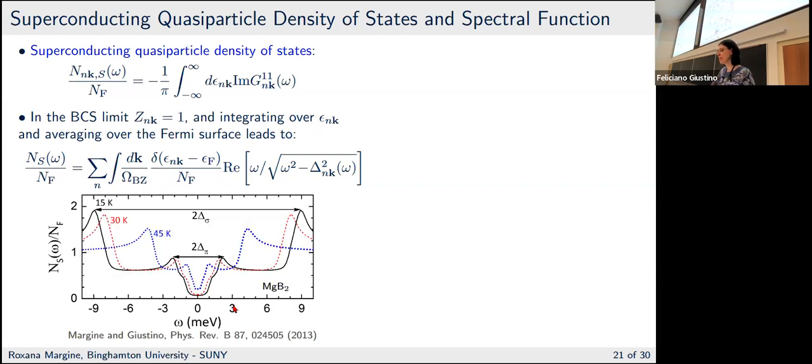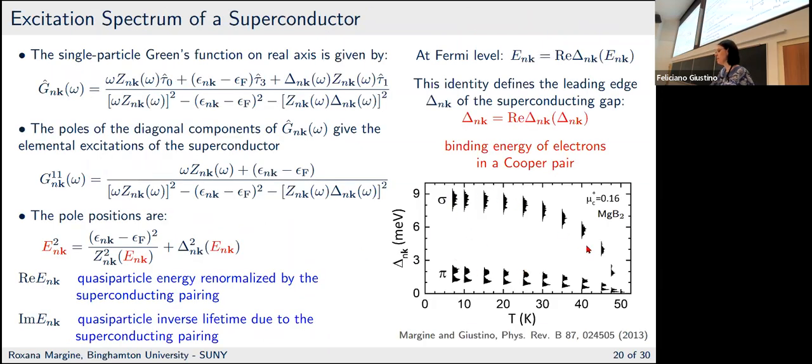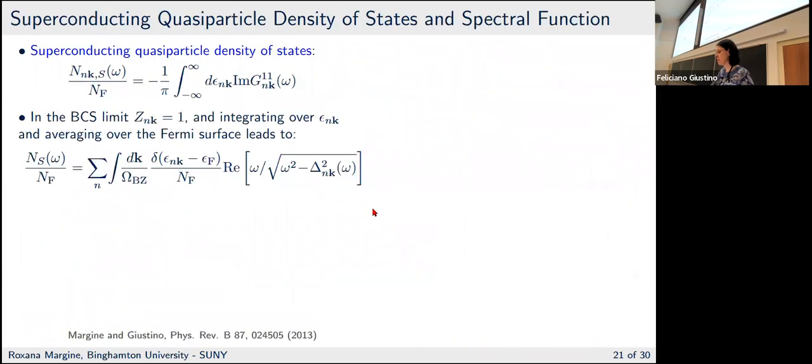And here I'm just plotting again from this older study the quasi-particle density of states. And you can see there are two gaps. Let's just focus on the black curve here, calculated at 15 Kelvin. You can see this is the first gap on the pi states, and this is the second gap in MgB2 on the sigma states. So this is the smaller gap that you are seeing here, and this is corresponding to the second gap on the sigma states.